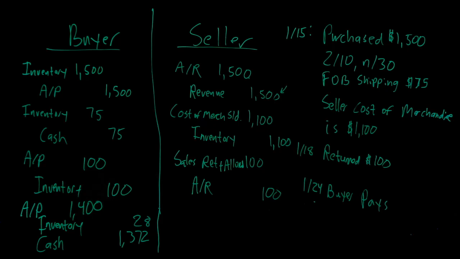So let's look at it from the seller's perspective. The seller's going to have some cash coming in the door. They're going to reduce their accounts receivable because they're getting paid. And then we're going to introduce an account called sales discounts. Sales discounts is similar to sales returns and allowances, as it is a contra revenue account.